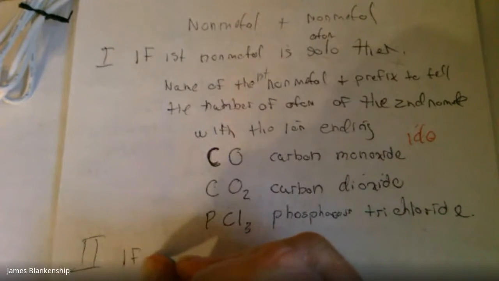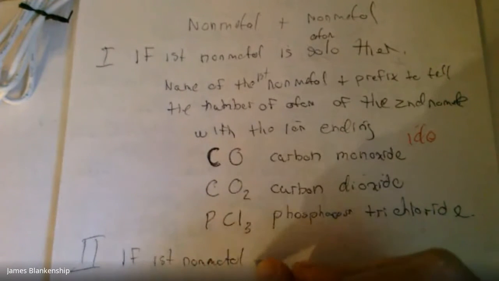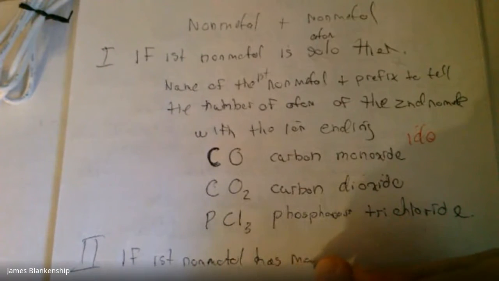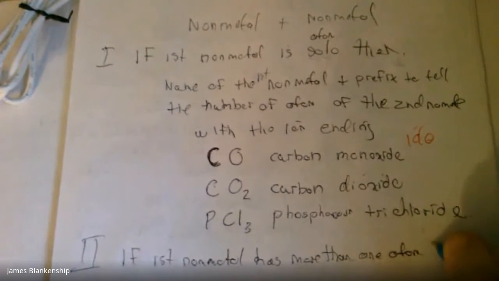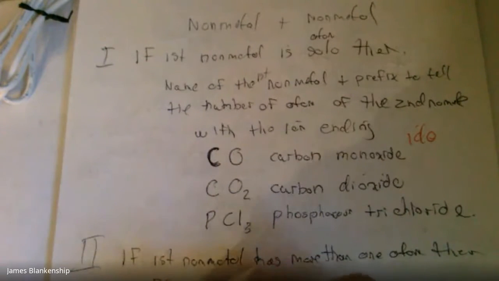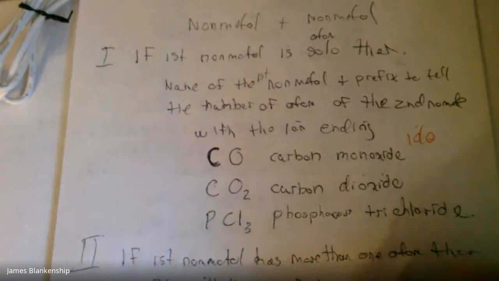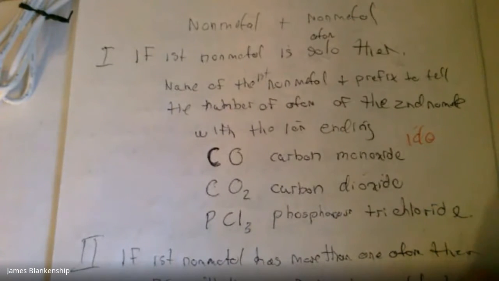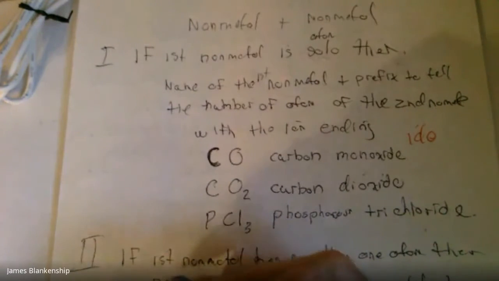If the first nonmetal has more than one atom, then you're going to provide a prefix with the name of the first nonmetal, plus a prefix, and again, this is to indicate number.